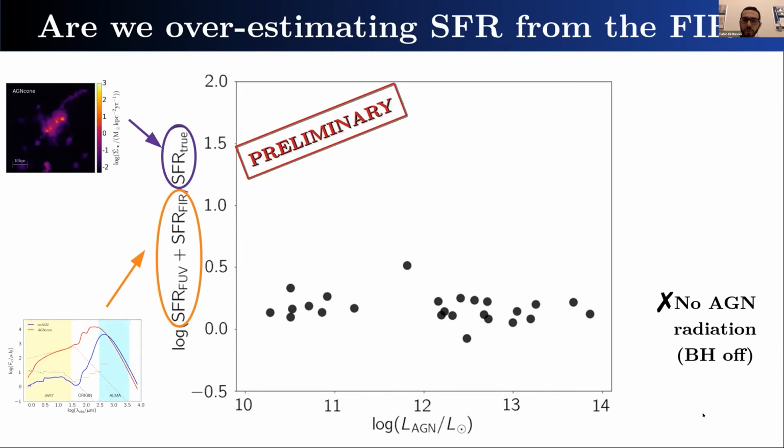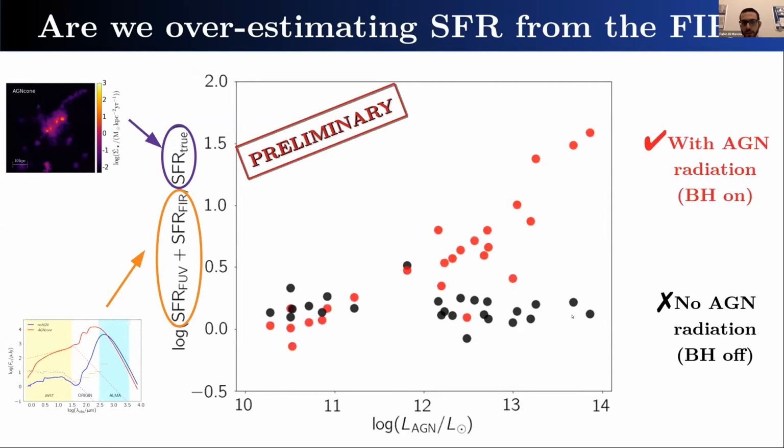And first of all, we compare these two star formation rates without including AGN radiation. So we consider the same actual simulations, but we do not include AGN radiation in the radiative transfer calculation. And we see that the two results are more or less consistent when we don't have AGN radiation. But when we actually turn on the AGN, we see that there is a discrepancy between the estimated star formation rate from the SED and the true one.